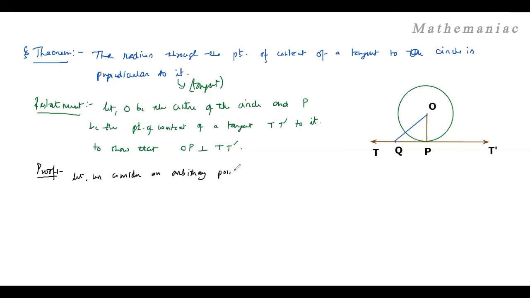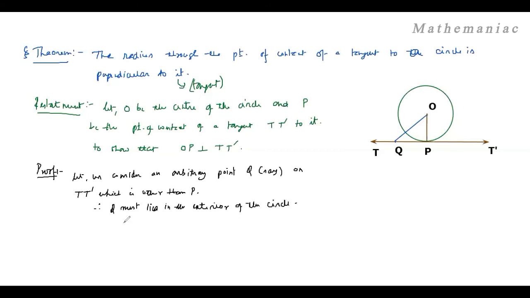Arbitrary point Q, say on TT dash, which is other than P. You have to consider other than P. Therefore, Q must lie in the exterior of the circle.